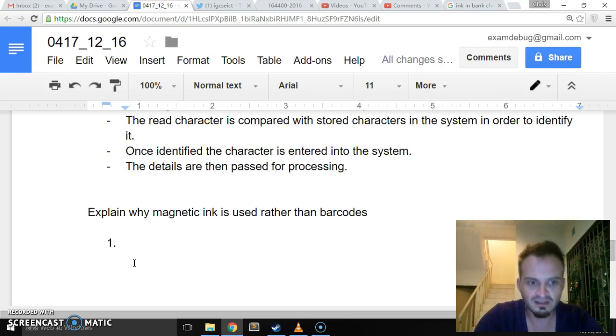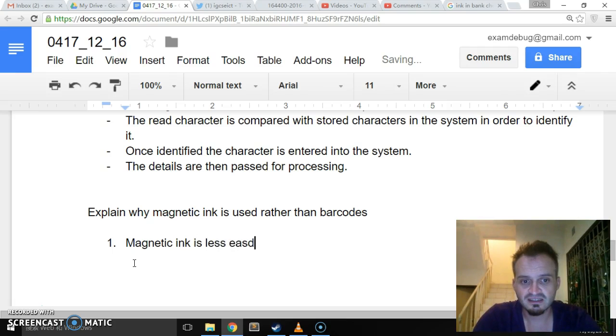So let's start with magnetic ink is less easily damaged than a barcode.